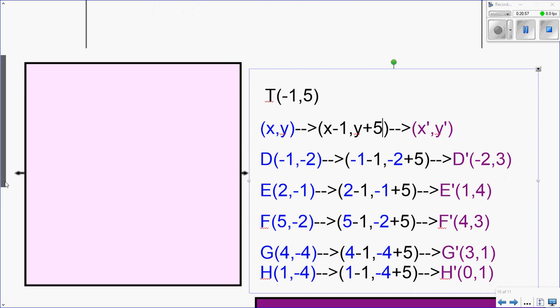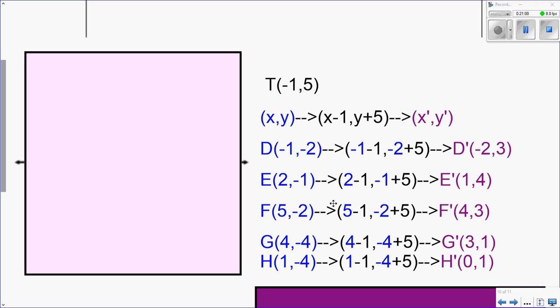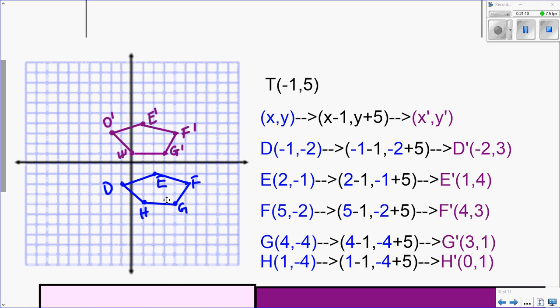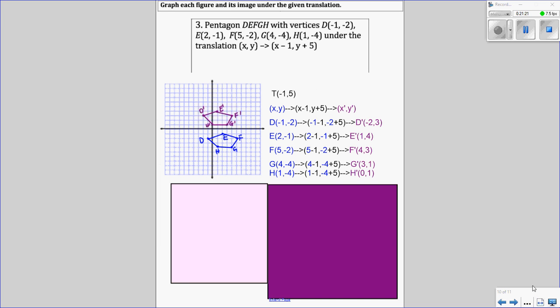There was just a little typo. Anyway, I'm subtracting 1, and I'm adding 5. So now I got my new points, and now I can plot both of the figures. I've got my pre-image, and then I've got my new image. And that's how you do translation.